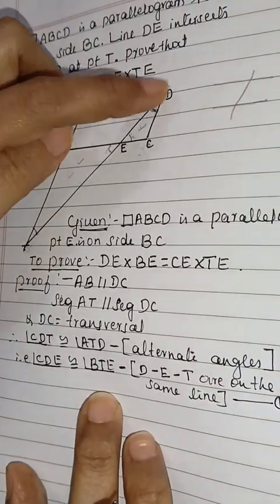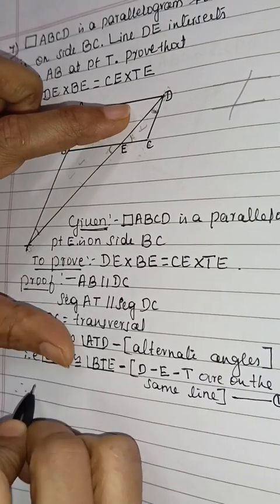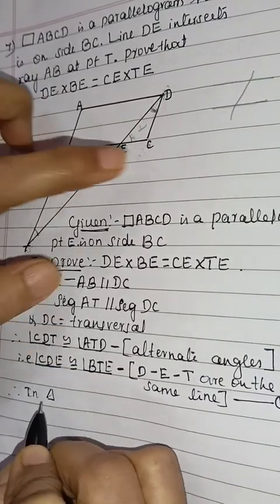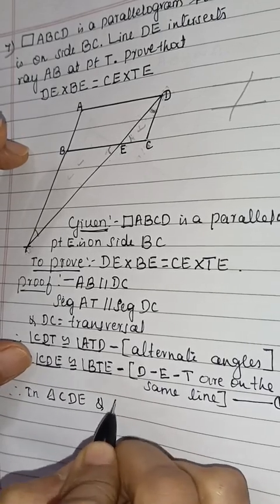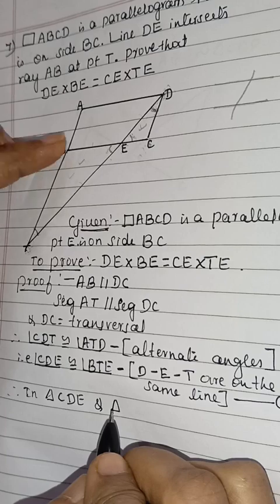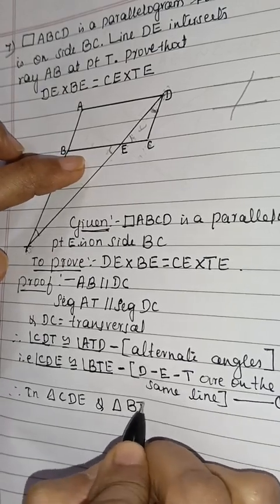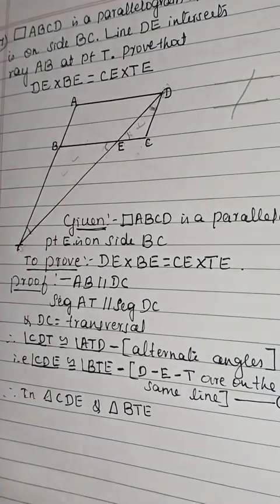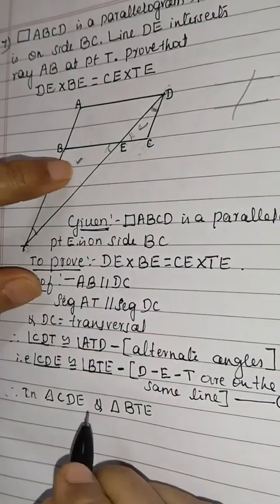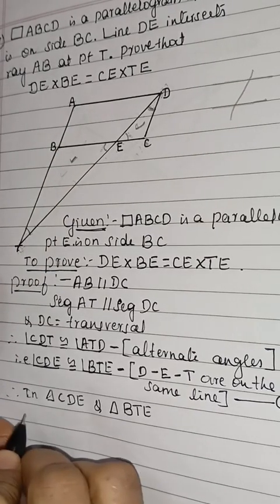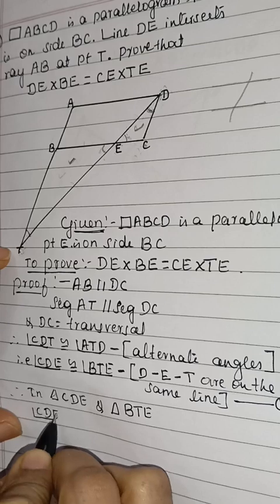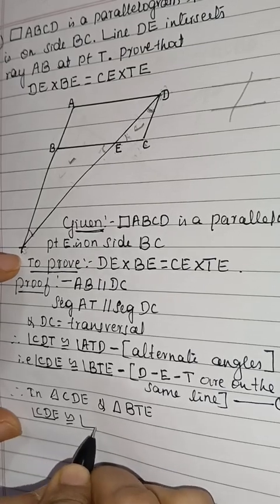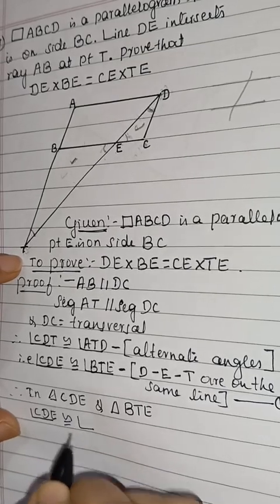Now in triangle CDE and triangle BTE, these two triangles. Now we are talking about these two triangles. In triangle CDE and BTE, angle CDE is congruent with angle BTE.